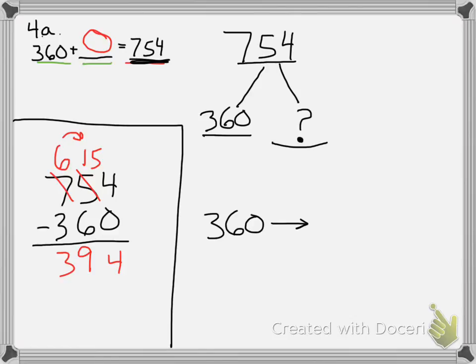Now I'm going to show you how to do this the arrow way as well. So I've got 360, and since it is to the nearest 10, I'm going to make it go to the nearest 100 now. So I've got plus 40, because that's what I need to get to 400, which is the next 100.